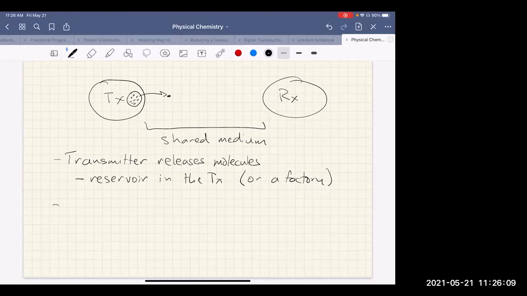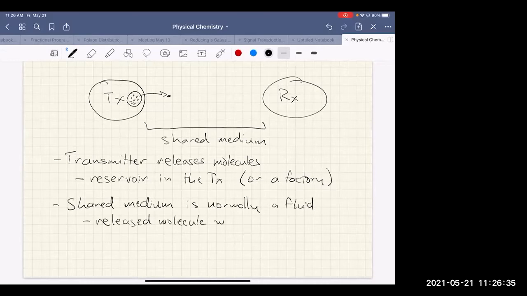The shared medium is normally a fluid. And what's going to happen is the released molecule will propagate in the medium via diffusion.